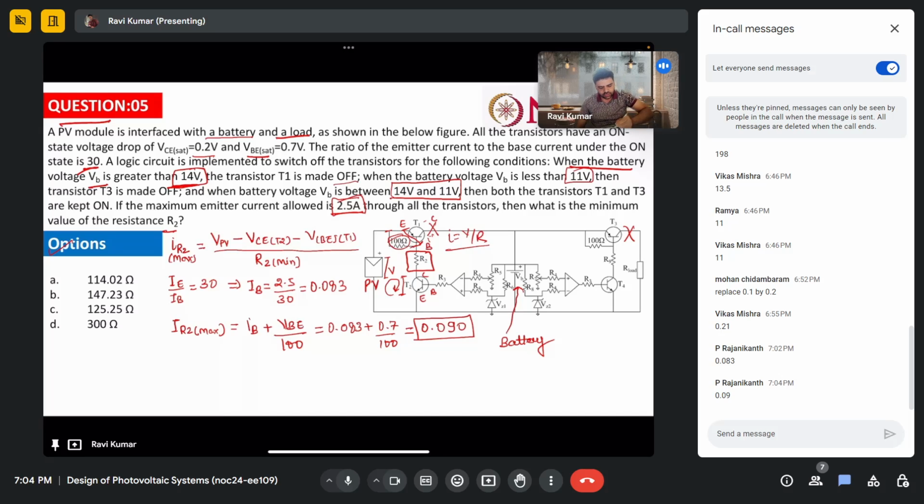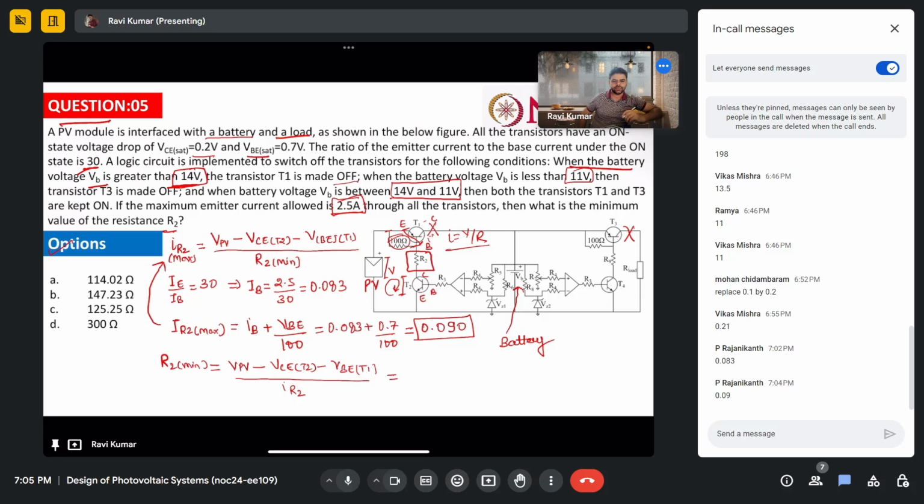So we have got this value, we can put this value here and get the minimum R2 value. Using this equation, we will get R2 minimum equals VPV minus VCE of T2 minus VBE of T1 divided by IR2.